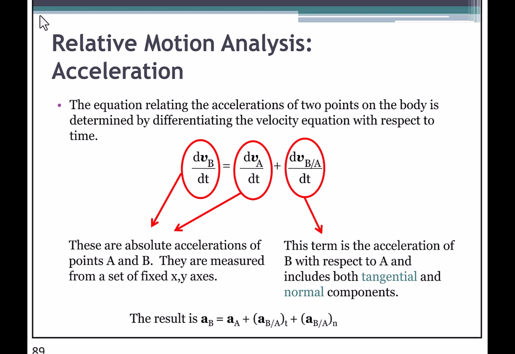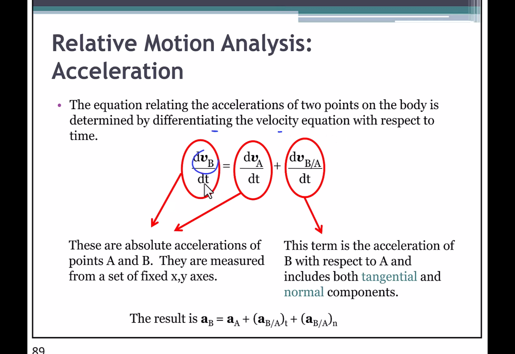Let's look at the motion and the acceleration involved in it. First, let's look at the equations relating acceleration of 2 points on the body, determined by differentiating the velocity equation.